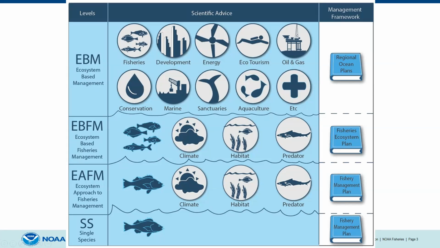But much of the work that I've been involved in and a lot of my colleagues do is more up in these EAFM and EBFM, and there are some nuances and differences between those. The ecosystem approach to fisheries is still staying closer to the single species world, but explicitly taking into consideration some of these other factors.